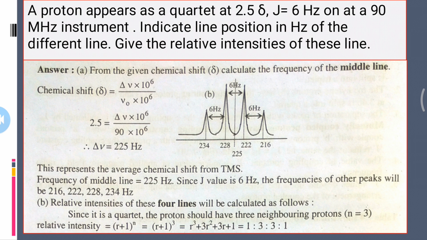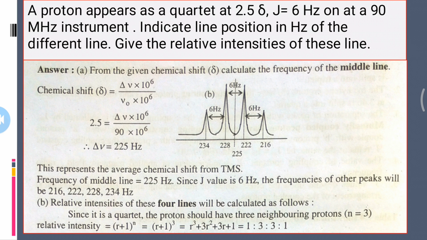So the relative intensity of the 4 lines will be calculated by using the Pascal triangle as well as the relative intensity coefficient (r plus 1)th. We use a Pascal triangle.